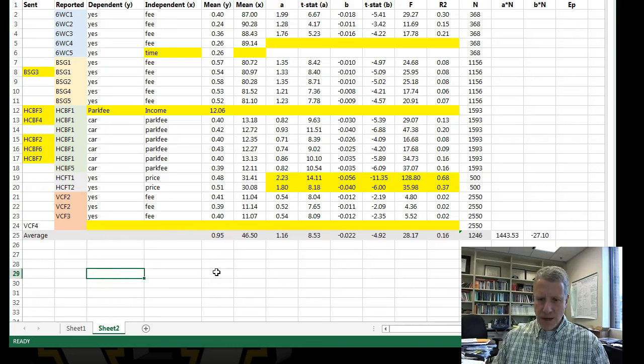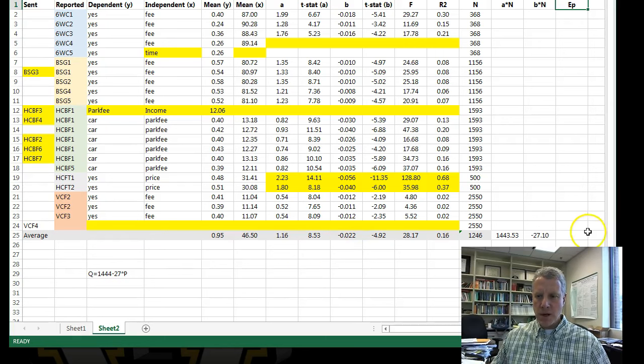So if I was to write this out on the board, it would look like this. Q equals 1444 minus 27 times P. So there's the demand model. So the last thing I want you to submit is the price elasticity of demand.